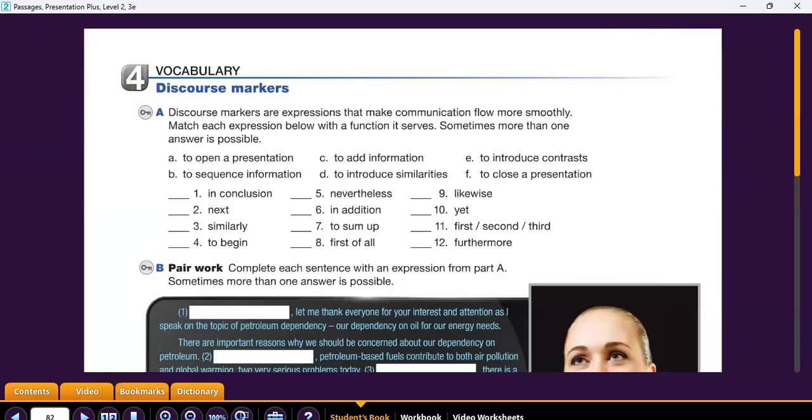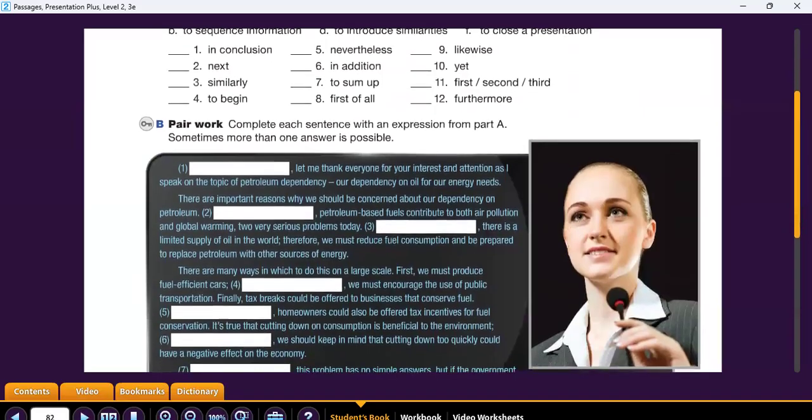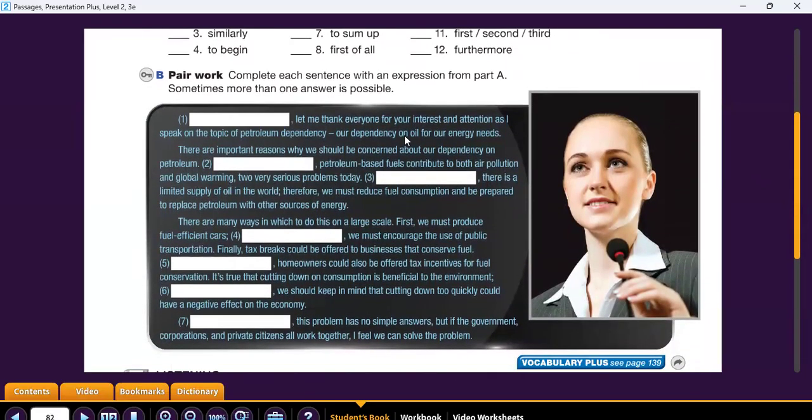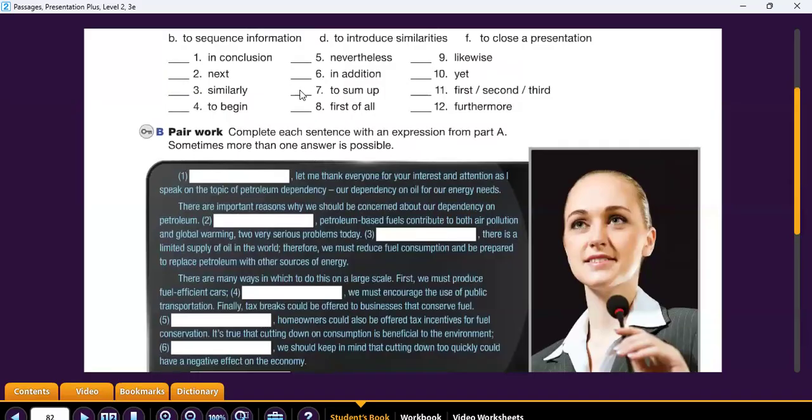So these are the words that we use when we want to make communication flow smoothly, more fluently. In this case, we have here a speech, a script, and you have to complete each sentence with an expression from the previous expressions.